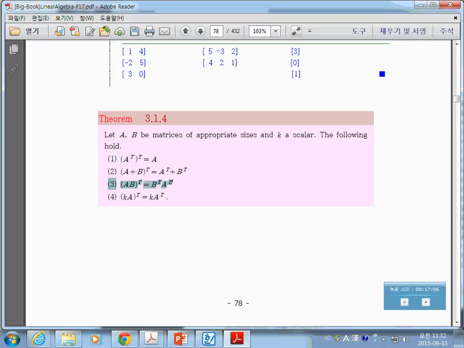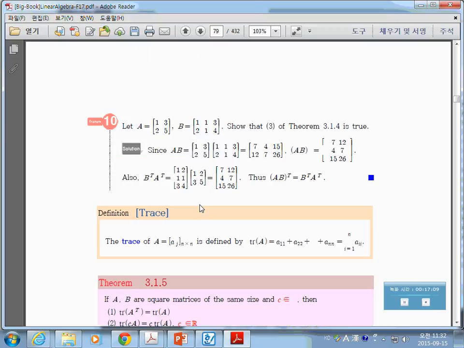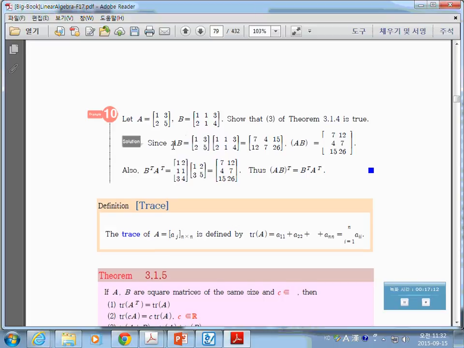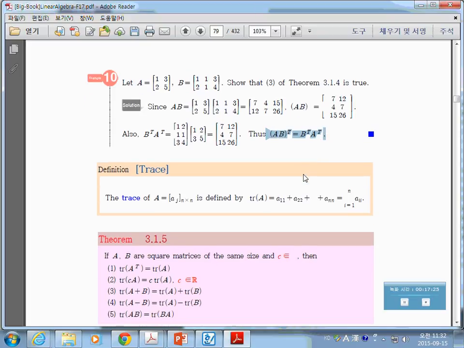This is very important. You should know it to solve many problems. Example 10 shows AB transpose and B transpose times A transpose, which is the same as the transpose of AB. This is a very important property that you should know.